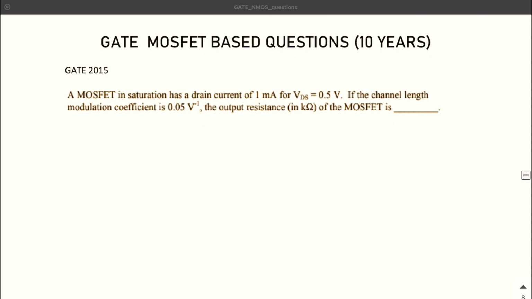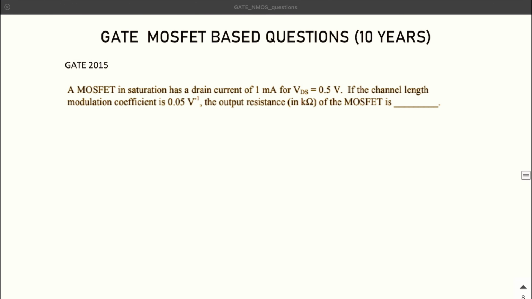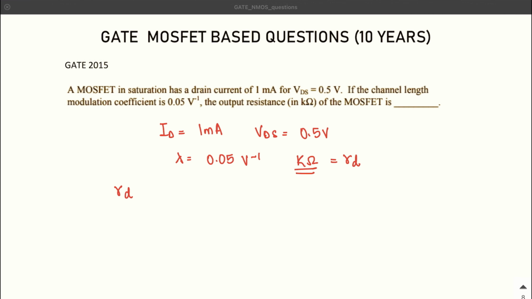Coming up to the last question: a MOSFET in the saturation mode has a drain current ID of 1 milliampere. This is a simple question, and VDS is 0.5. The channel length modulation parameter is 0.05 per volt. They are just asking you the output resistance, that is RD. We just talked about this, that RD is actually 1 upon lambda times ID.